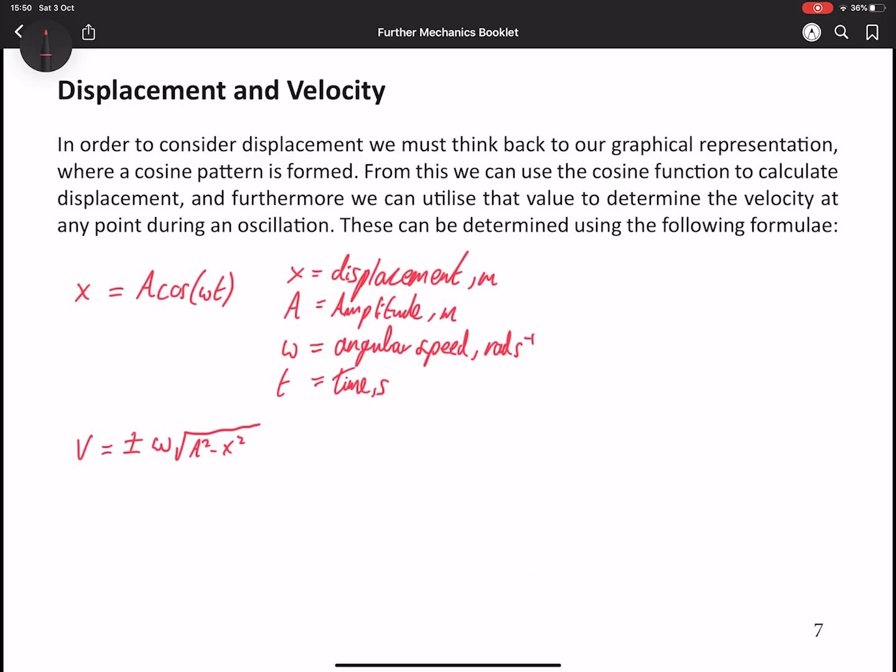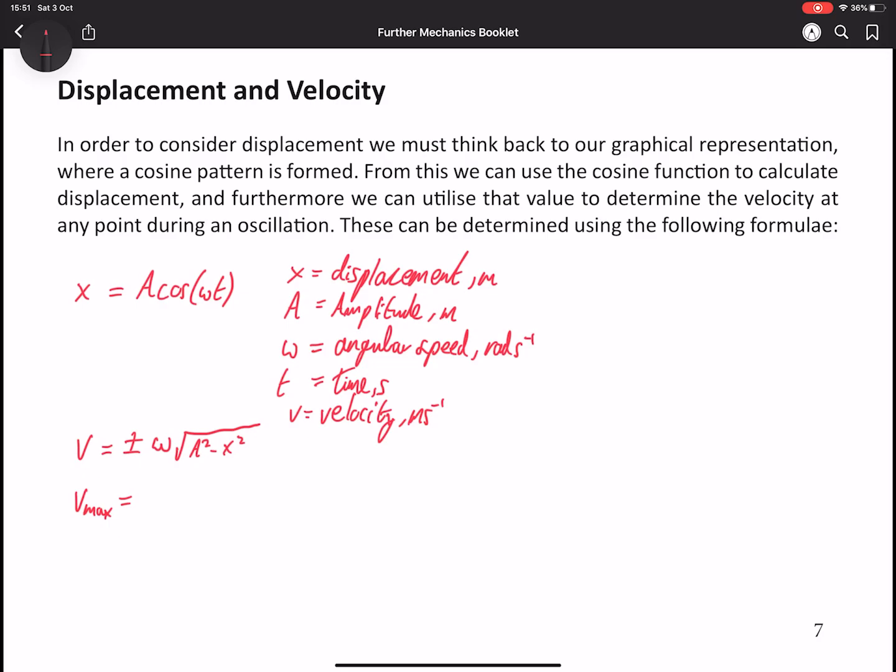So this is slightly peculiar to look at, but not too hard to work with. We are simply looking at the change between maximum amplitude and the actual position it's at to know how much speed there will be. So v is our velocity, meters per second. It is a vector, hence the plus or minus, and everything else is as we've stated already.